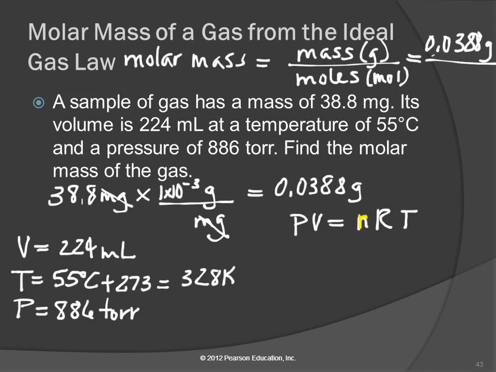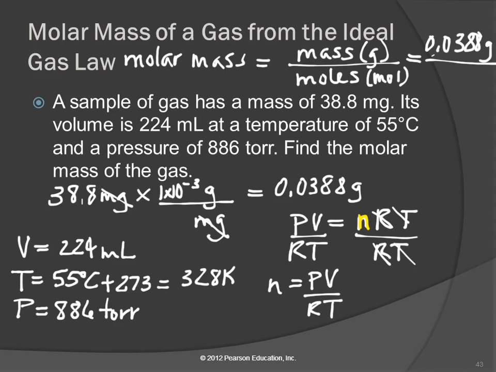N. This time we are solving for N, the number of moles. Divide by R, divide by T. Those guys cancel out. Do the same thing to the other side. So N equals PV over RT.